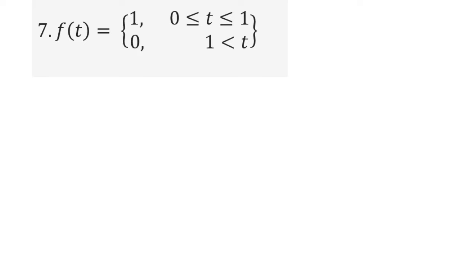So for question 7, we want to find the Laplace transform of f of t equals 1 from 0 through to 1, and then f of t equals 0 when t is greater than 1. So the Laplace transform of f of t, which is given as f of s, is equal to, we have the integral of e to the power -st times f of t from 0 to infinity dt.